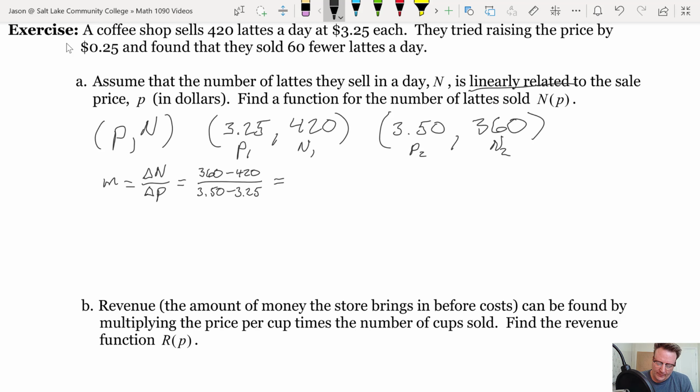Okay. That numerator is negative 60, and the denominator is 25 cents, which is, what is that? Let's use the calculator.